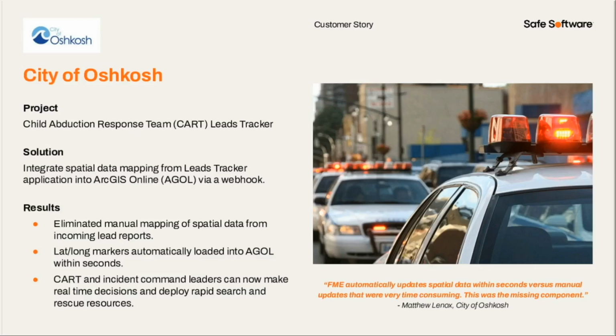Now, because it's done automatically, the city staff can focus on more important things like actually following up with users reporting any incidents, rather than spending their time manually mapping out this data. It's been so great for the city of Oshkosh. They even said that these updates used to be time consuming, and now this automation is their missing component.